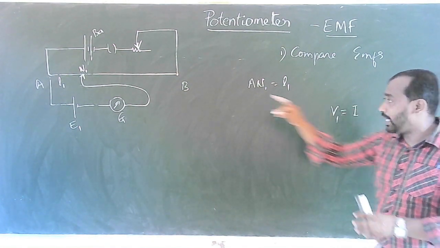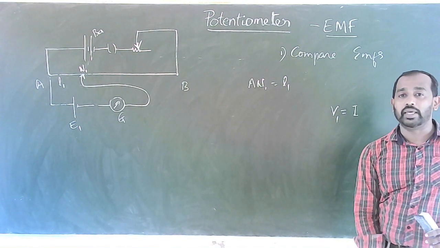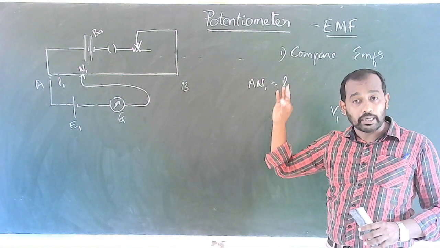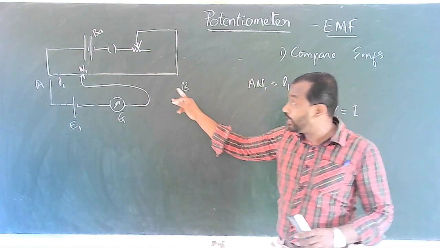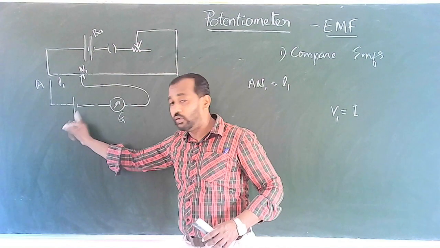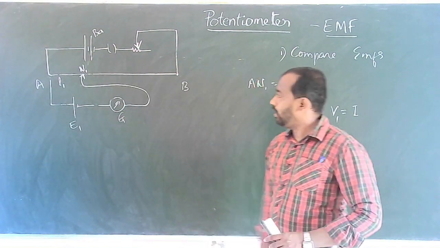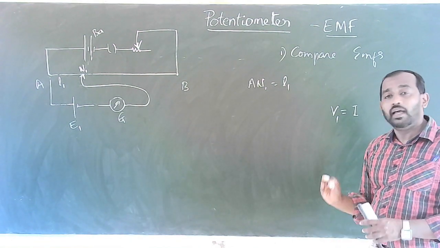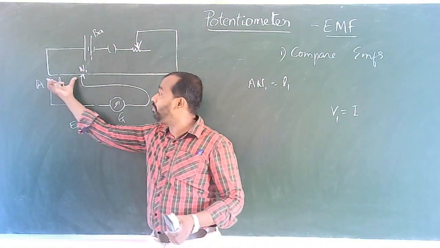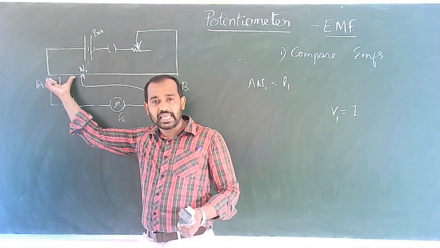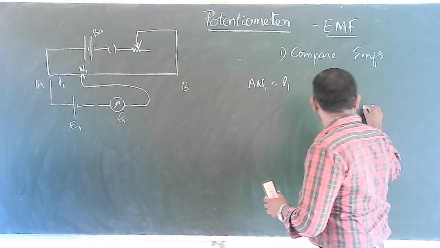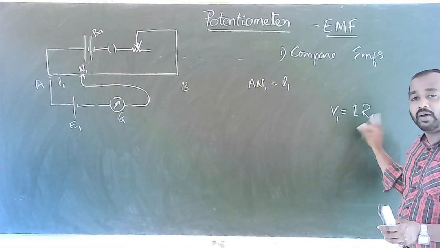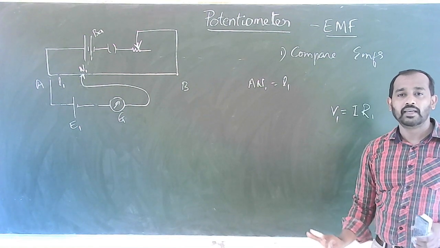If I is the current flowing in the potentiometer wire, and remember, this current is due to the battery, not due to the cell, and the resistance of the wire of length L1 is R1, then this potential drop is equal to I into R1.